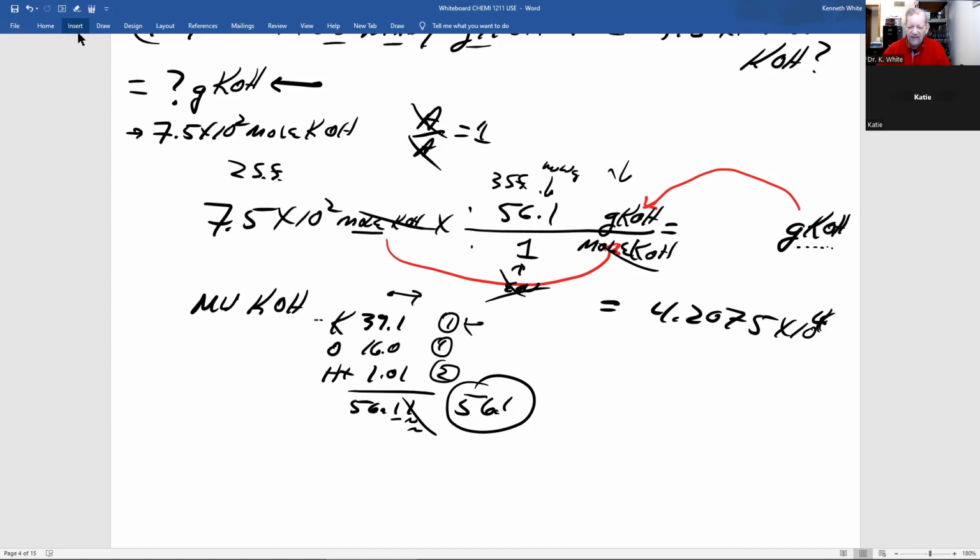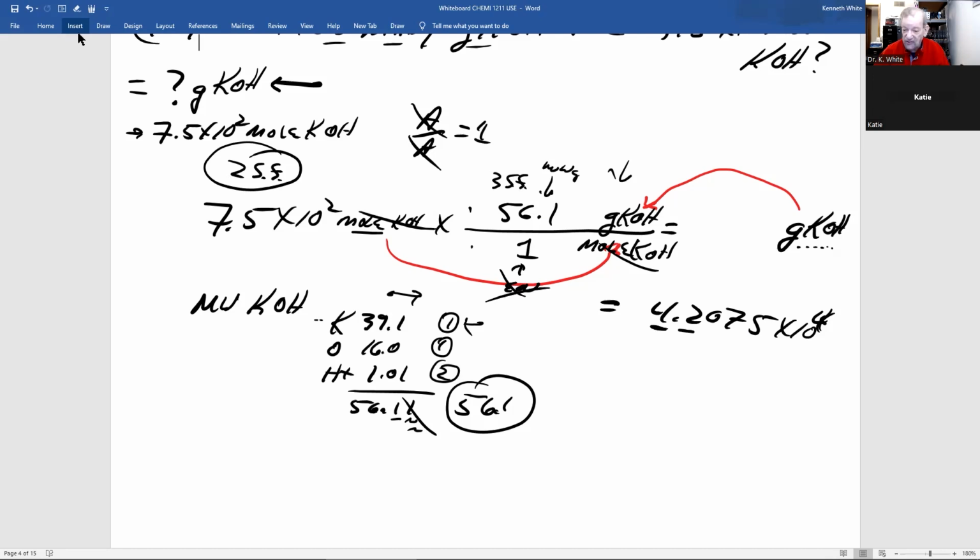And the number of significant figures in your answer is the same number of significant figures as the number you're multiplying and dividing that has the lowest significant figures. In this case, it's 2. Round this off to 2 significant figures. Keep the 4, keep the 2.